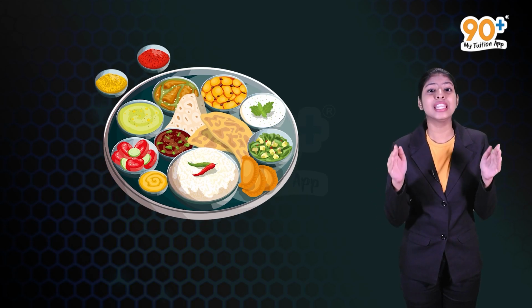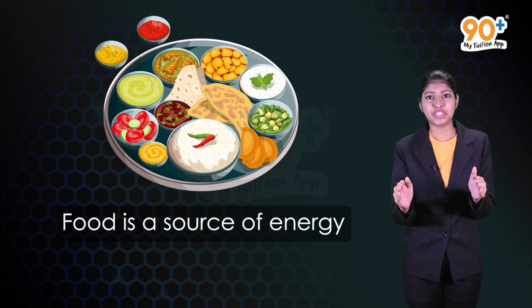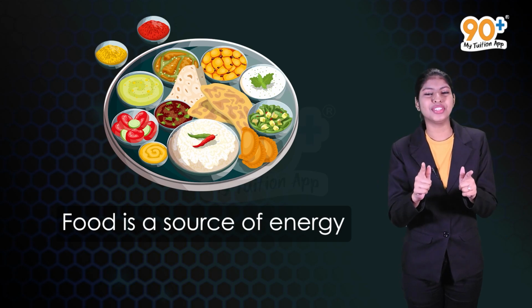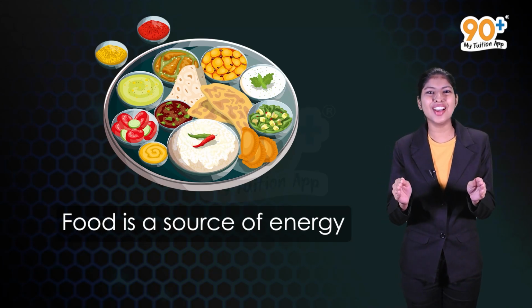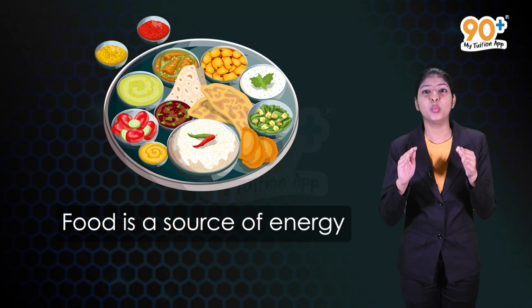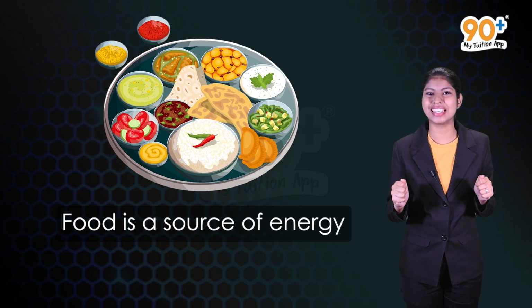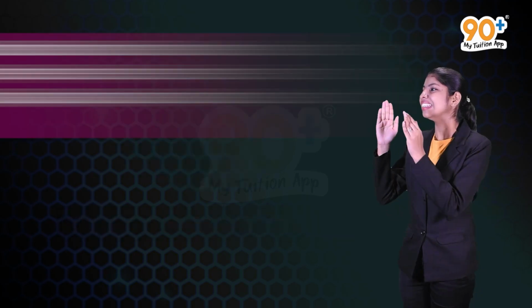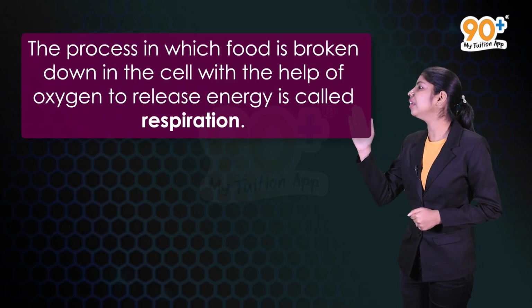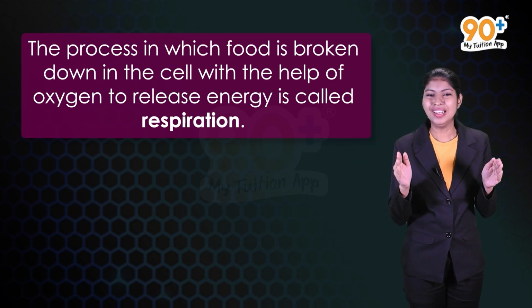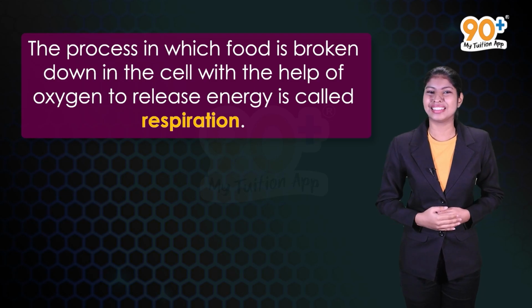We can say that food is a source of energy, which means energy is stored inside the food. To unlock the energy from the food, it needs to be broken down, and this requires oxygen. So we can say that the process in which food is broken down in the cell with the help of oxygen to release energy is called respiration.